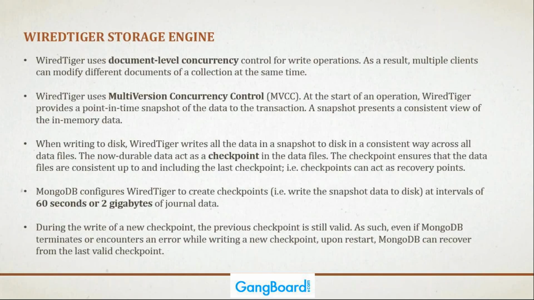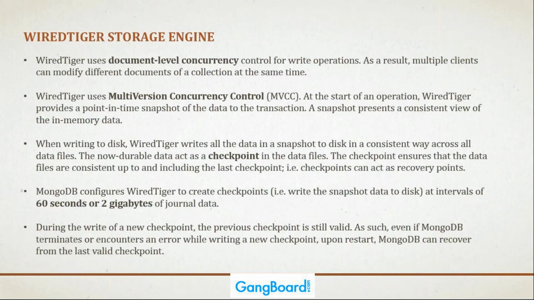Till that point, when XYZ is updating a document, if someone wants to read that document, the old snapshot will be read by that ABC guy who just wants to read the document.